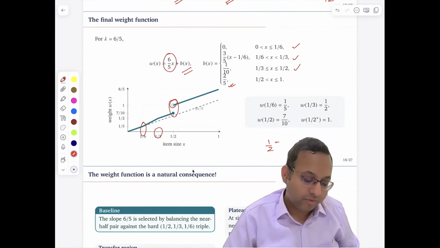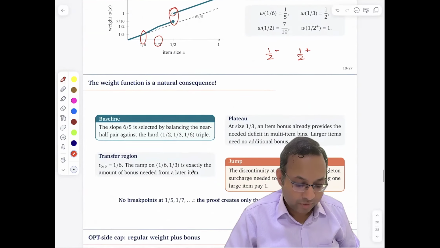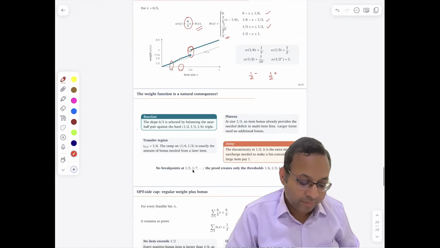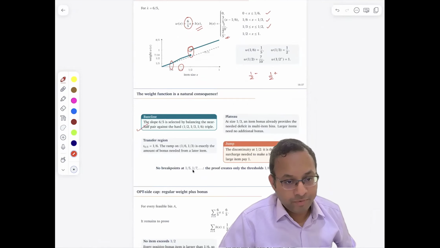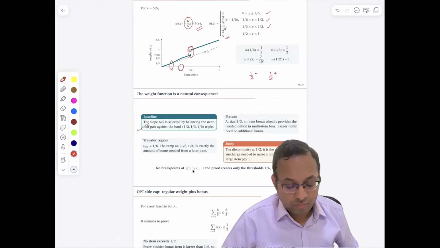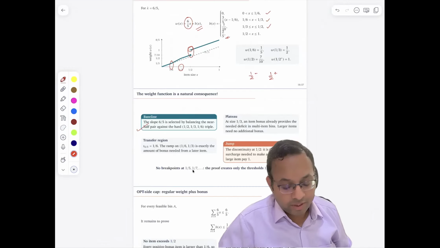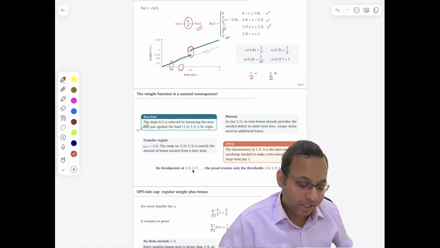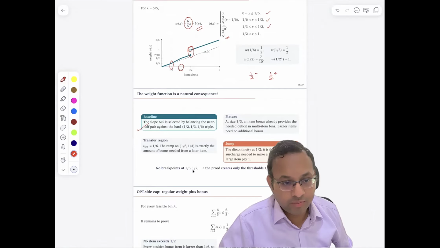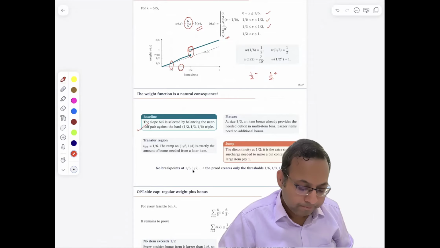So the message is, for weight functions, you have to study the properties of the algorithm, and then it will be a natural consequence. As I mentioned, this 6 by 5 slope was chosen because of these two dichotomous examples. In one case, we have a half pair, half plus epsilon, half minus epsilon. In the other case, we have nearly half, 1/3, and 1/6 triples, and the balance.